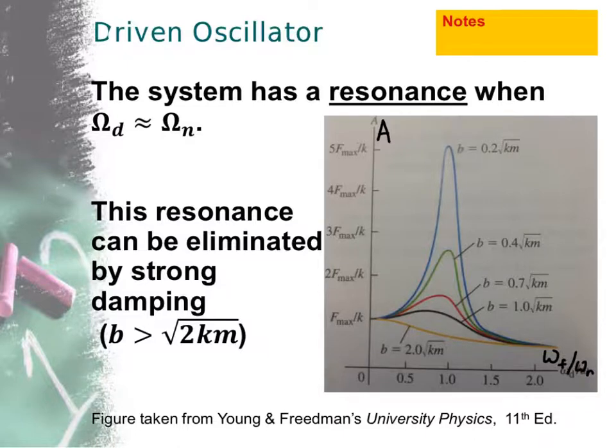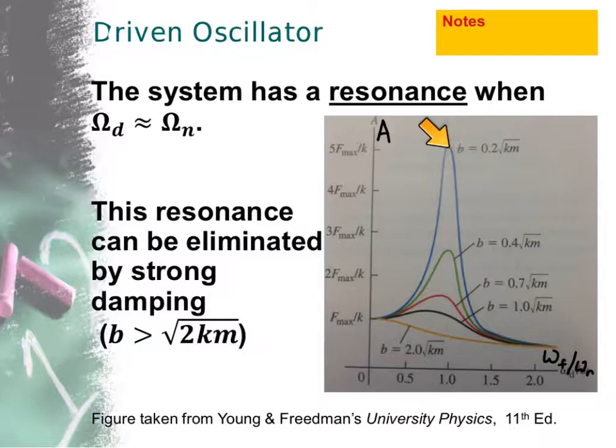Now, when omega_F is approximately equal to omega_N, that means this axis is going to be 1.0. And you'll notice that the amplitude reaches a peak. And it can get quite large, especially if I have a damper that is not very strong.